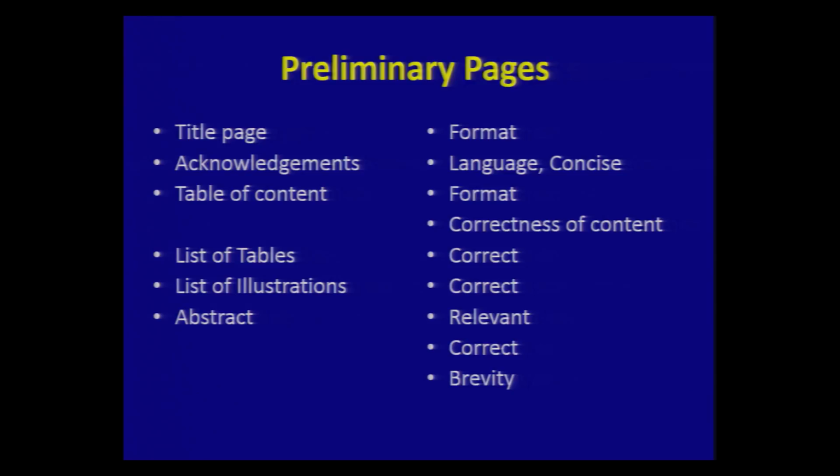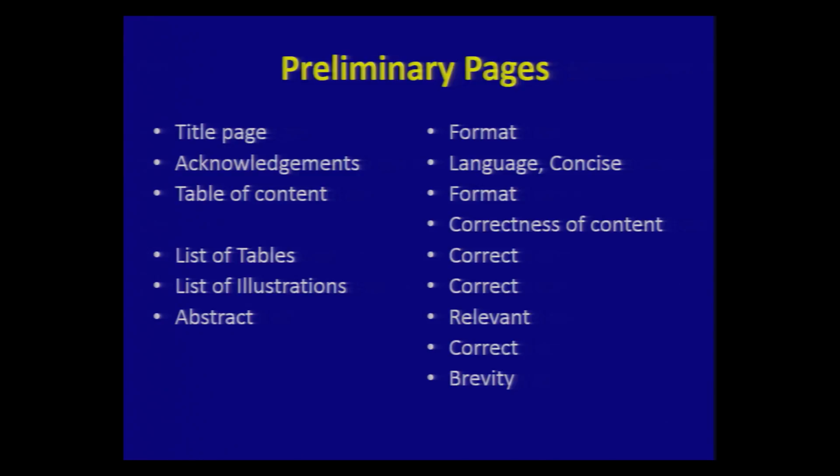Abstract provides you a synoptic view of the research which has been carried out. So it gives in brief the rationale, the review of related literature, the gaps which were identified, the procedure which was followed and the main findings of the study.